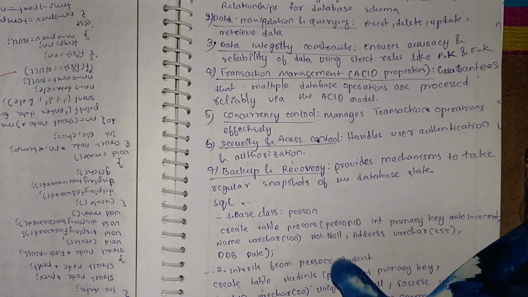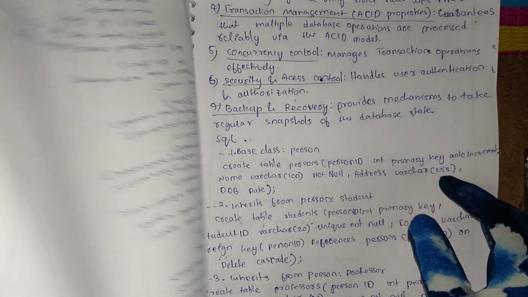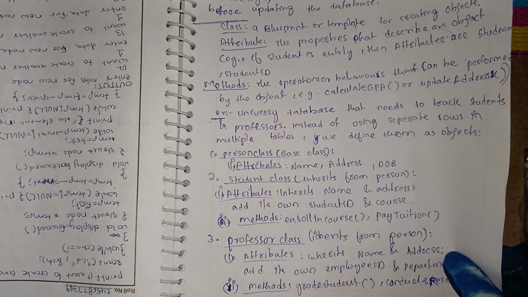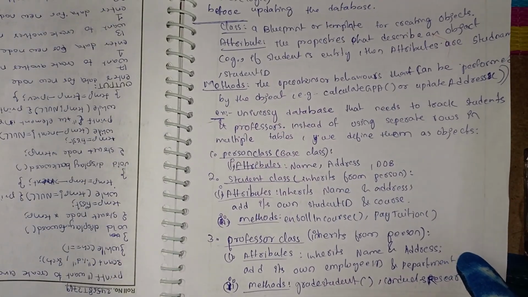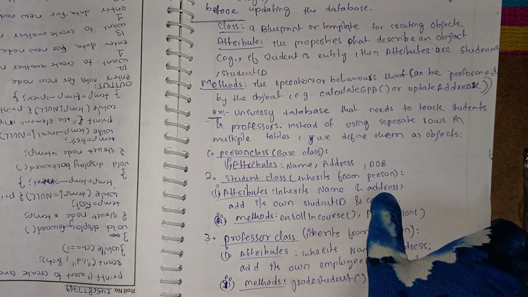So here from this table, the student table and the professor table are using name and address, and here also name and address.